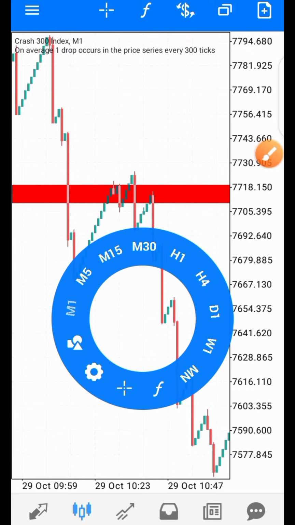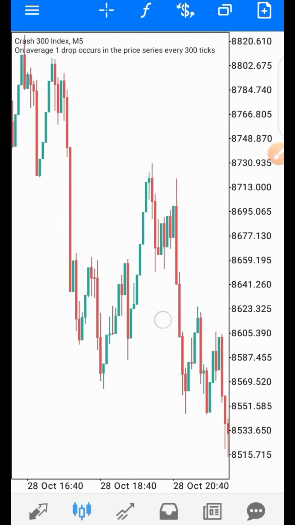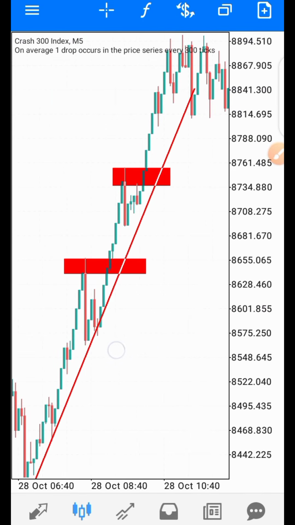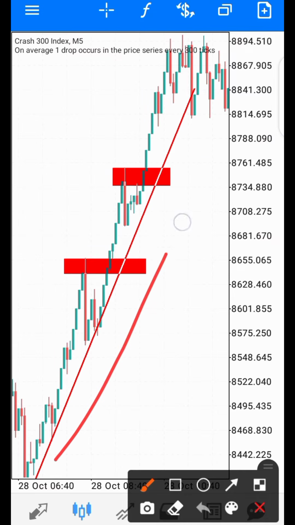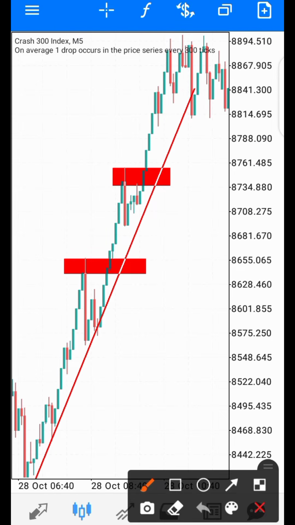So let's look at when you are buying. Let's go back to M5. You can see the market is buying. You can see the line I draw. You pick out where the retracement begins, just the same movement as when we are catching spike, but this one is when the spike begins.